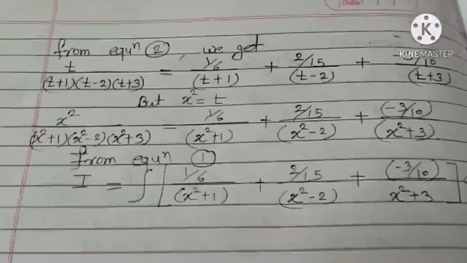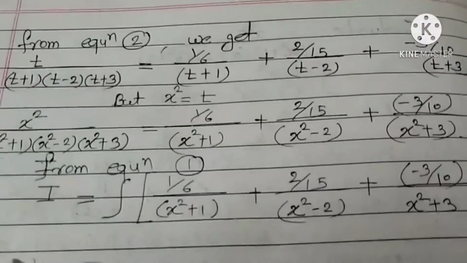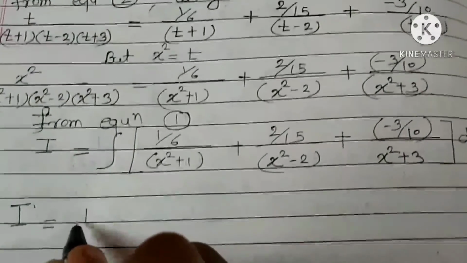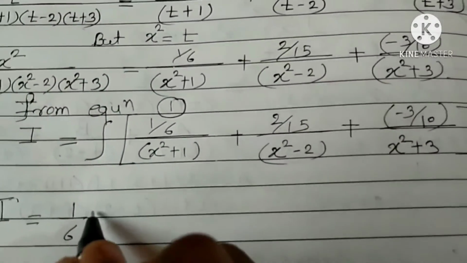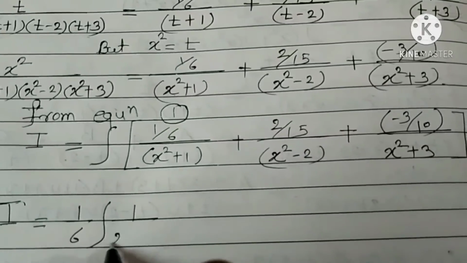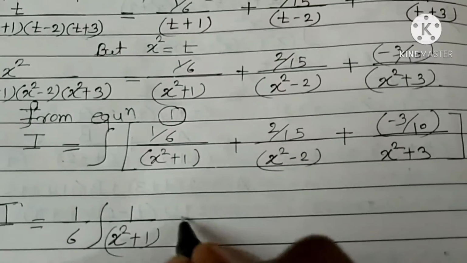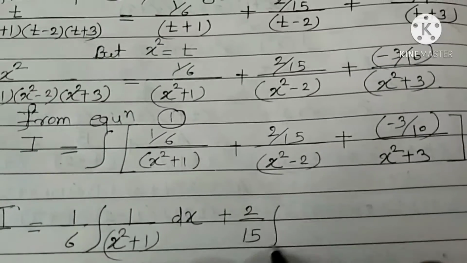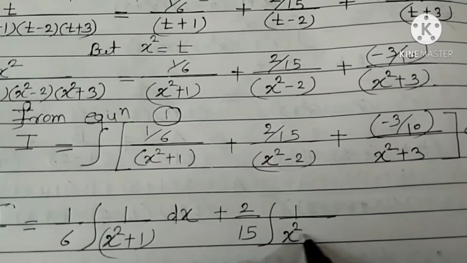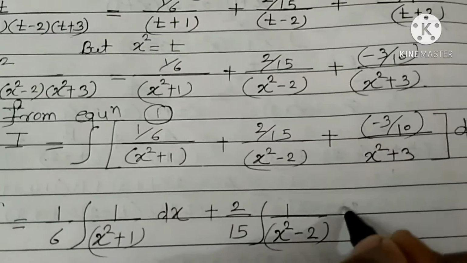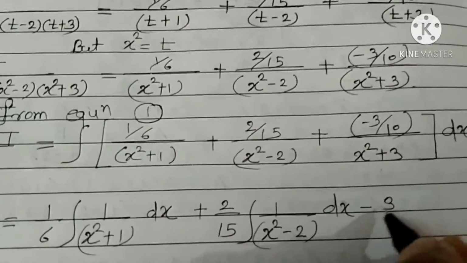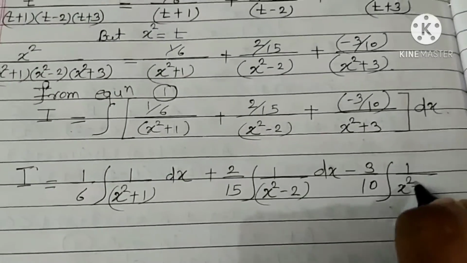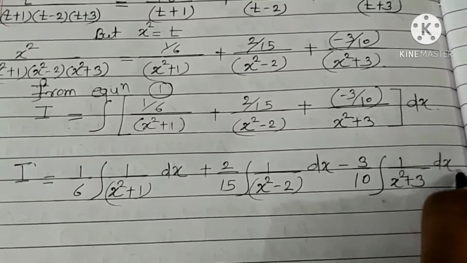Now integration on summation. So I is equal to 1 by 6, a constant taken outside of integration, integration of 1 upon x square plus 1 dx, plus 2 upon 15 integration of 1 upon x square minus 2 dx, minus 3 upon 10 integration of 1 upon x square plus 3 dx.